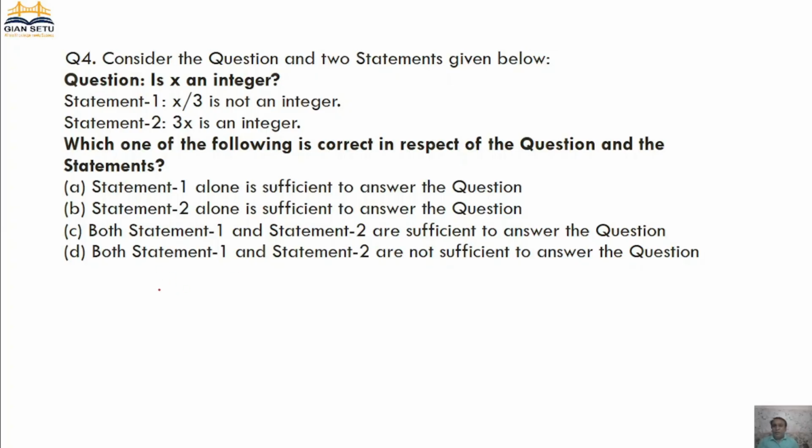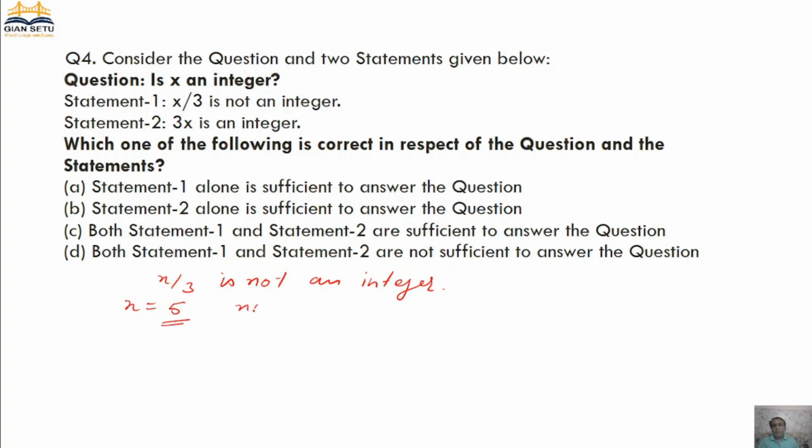Now, according to the statement, x upon 3 is not an integer, right? Suppose x is 5, which is an integer.